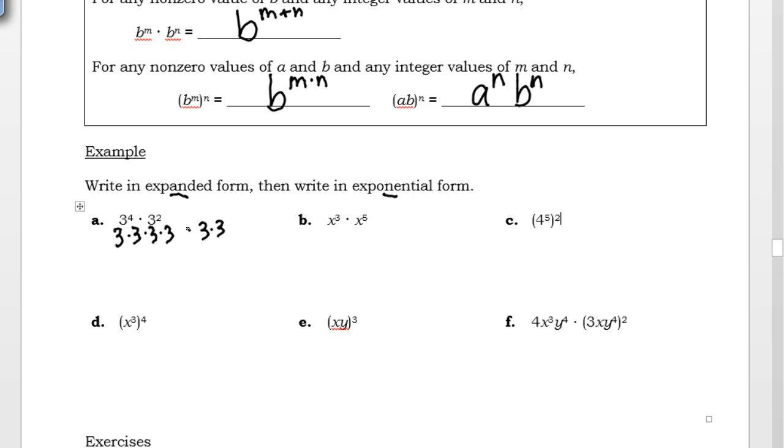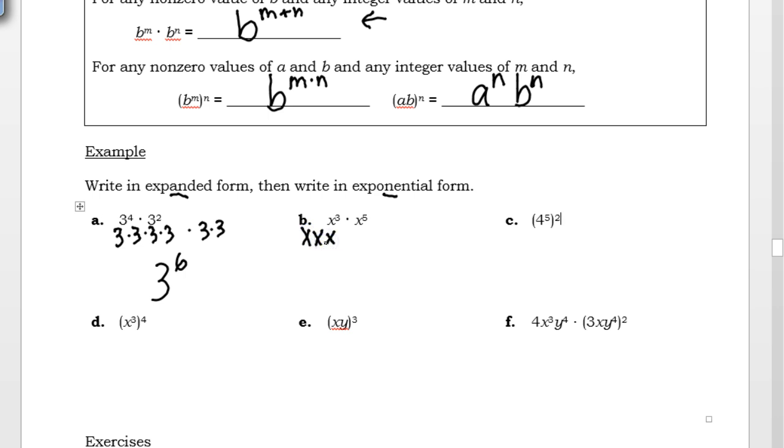If I multiply this all together, since multiplication is commutative, I actually have 6 3's. So my expanded form is 3, 3, 3, 3 times 3, 3, and then exponentially, I used my rule up here. If I just add the 4 and the 2 together, I get that there are 6 3's altogether.